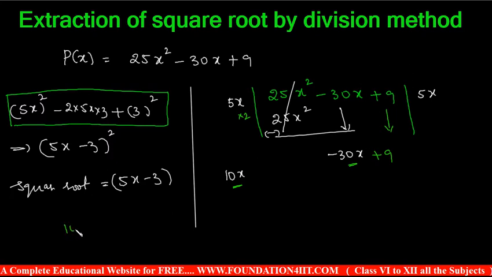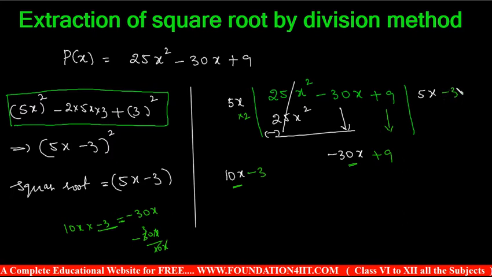If you don't know, you take minus 30x divided by 10x. The x cancels, 10 threes are 30, so minus 3. You can guess directly because these are easy numbers. 10x into minus 3 is minus 30x. So that minus 3 you write here, and the same minus 3 you write in this place.